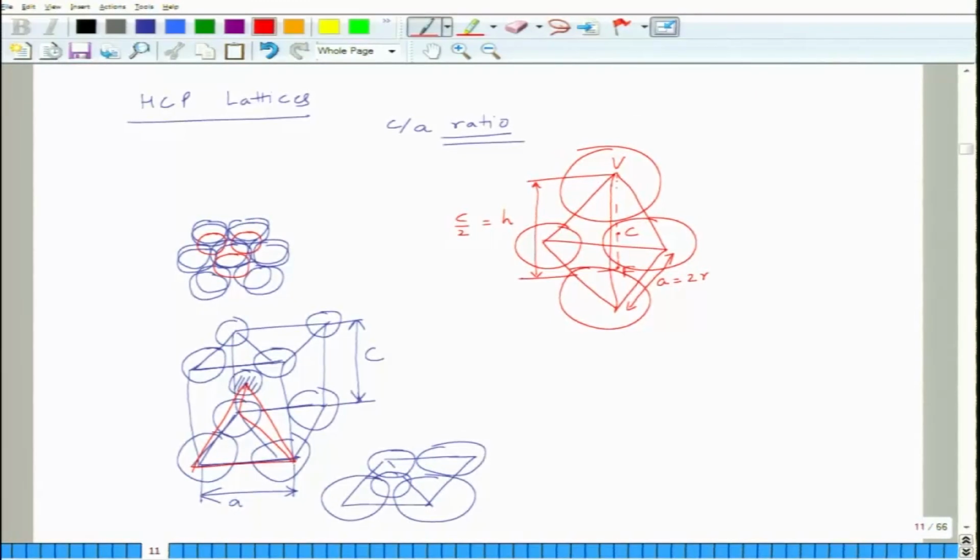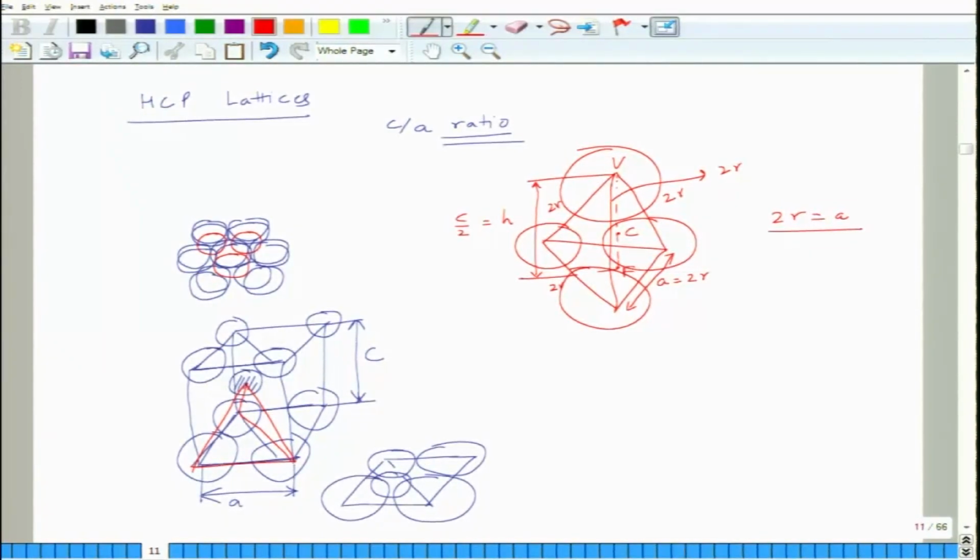They are all touching each other, right? So all the sides are 2R, this is 2R, this is 2R, this is 2R, and even this one is 2R. All of them are 2R, and 2R is equal to A. Okay. We need to find out what H is, which is C by 2.